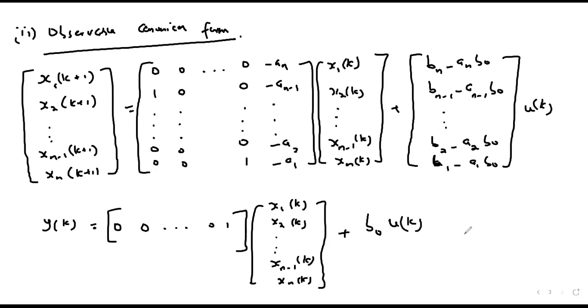And that is the observable canonical form of the state space representation.